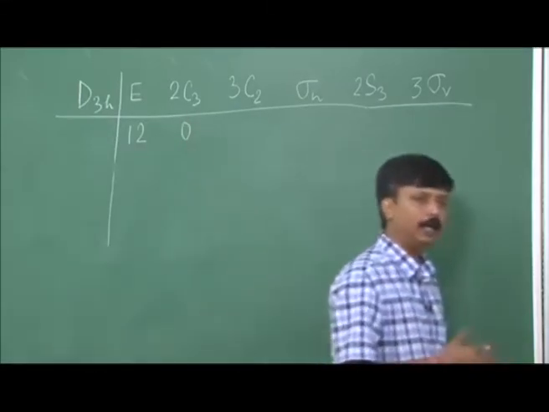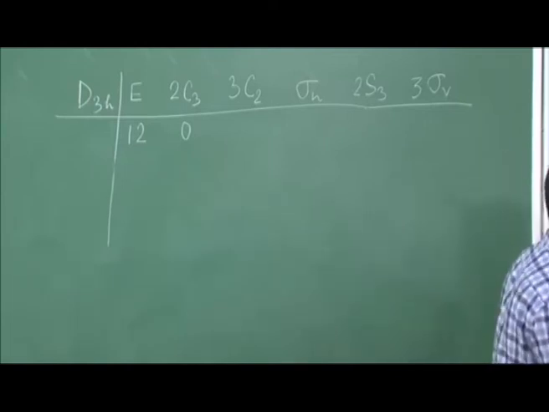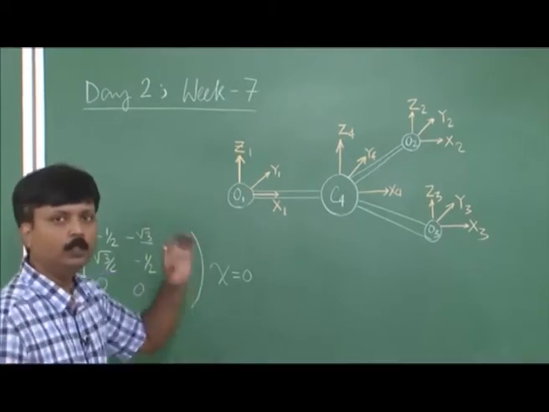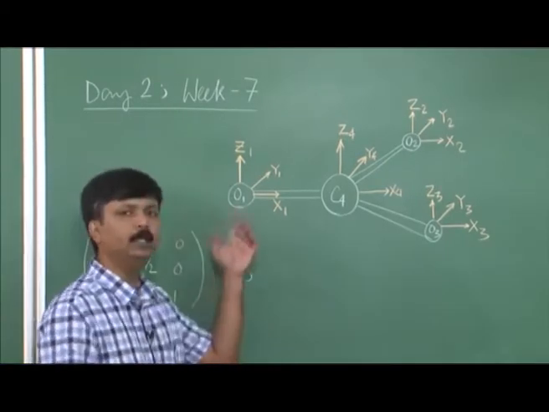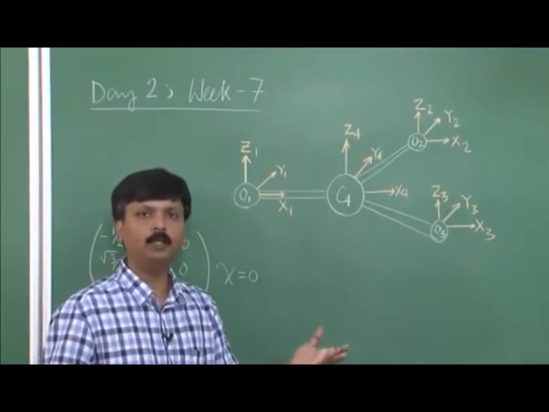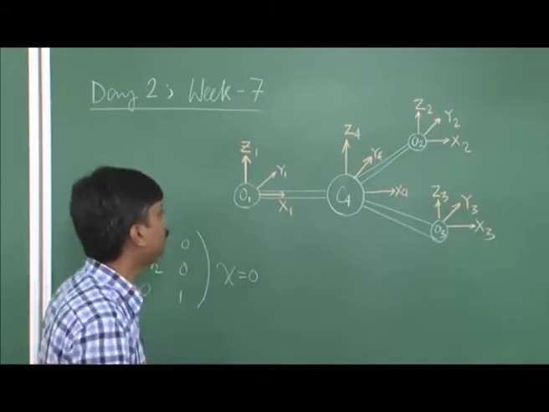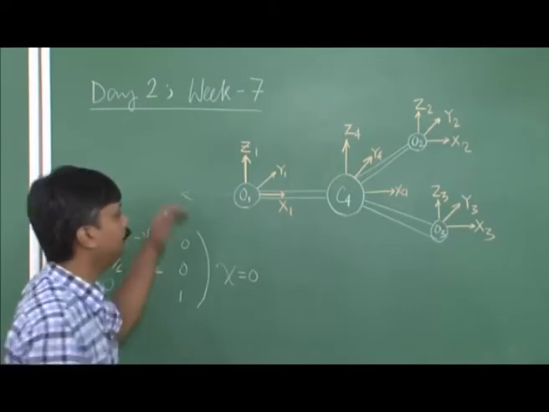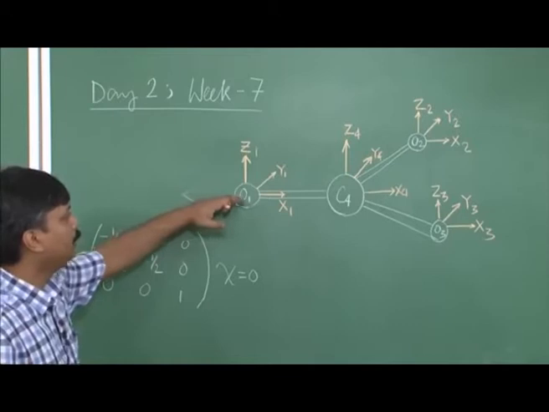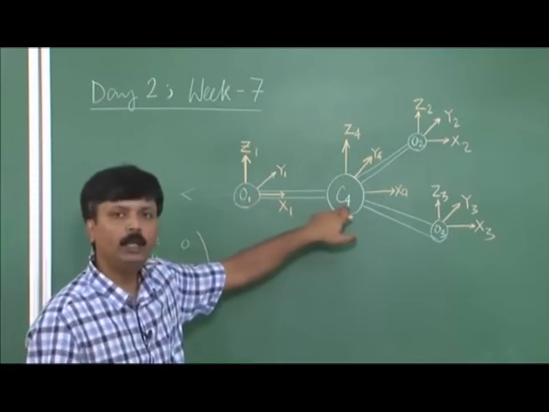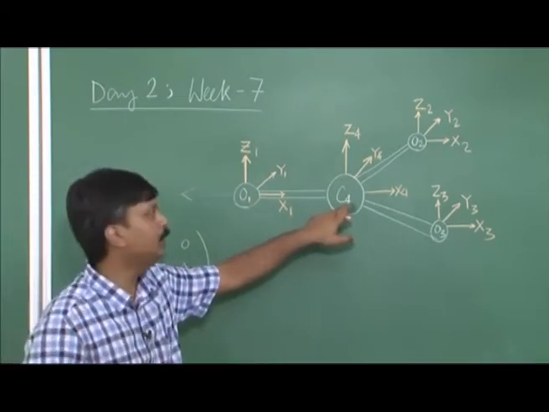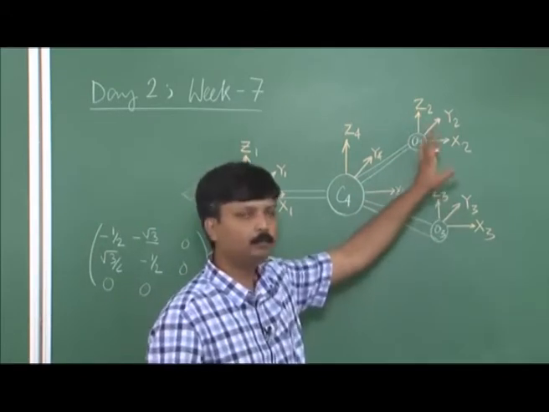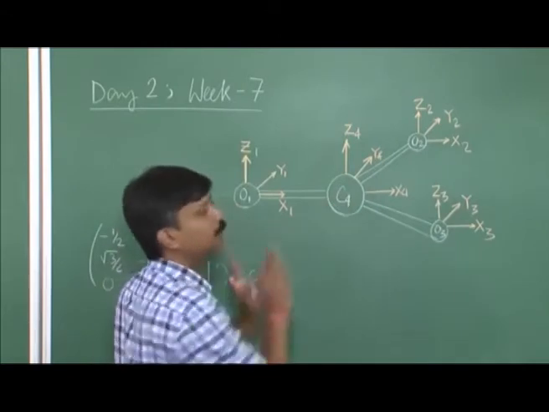So you will get 0 character for C3. Now if you look at the C2, say you choose one of the C2s. If you can solve it for one C2, then you automatically have the characters for the other two C2 primes. If you consider this C2 axis, then O1 and C4 remain at their place, but O3 and O2 are interchanging, so we do not consider these. We now have a 6 by 6 matrix.